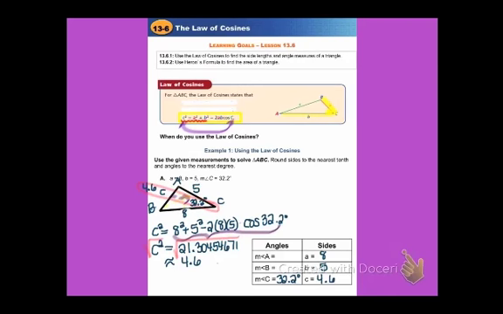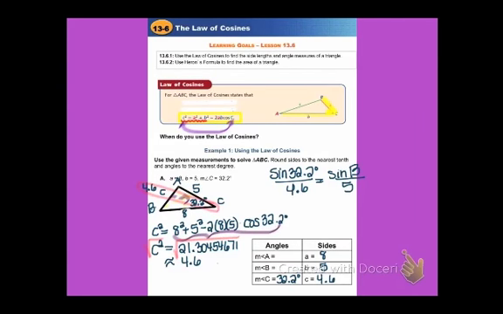So I'm just going to go ahead and use the law of sines. I'm going to say the sine of 32.2 over 4.6 is equal to the sine of angle B over 5.